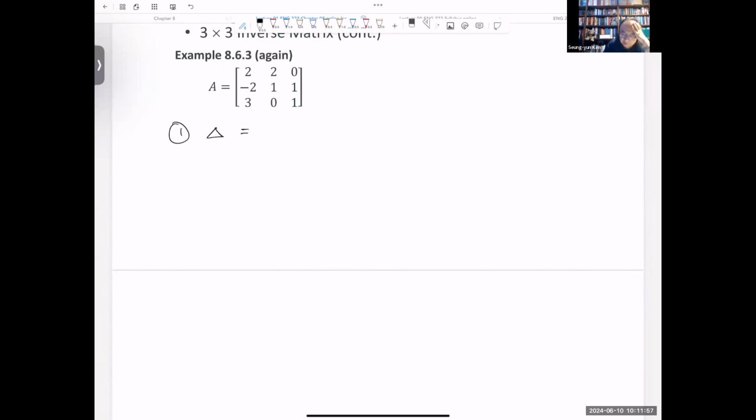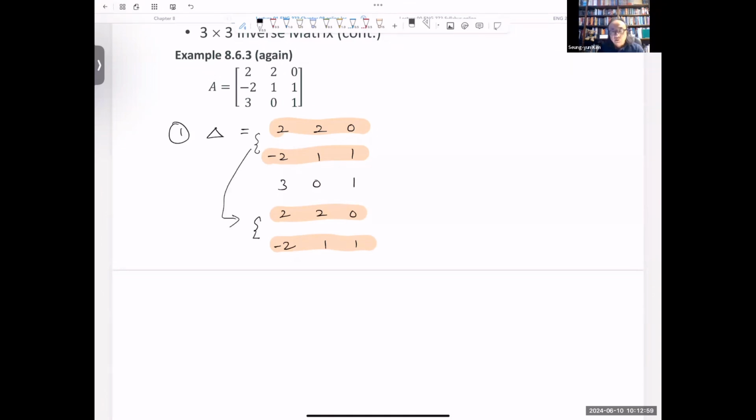Copy A: 2, 2, 0, negative 2, 1, 1, 3, 0, 1, and then copy down the top 2 rows here: 2, 2, 0, negative 2, 1, 1. I'm going to draw a diagonal line that has to cover 3 numbers.